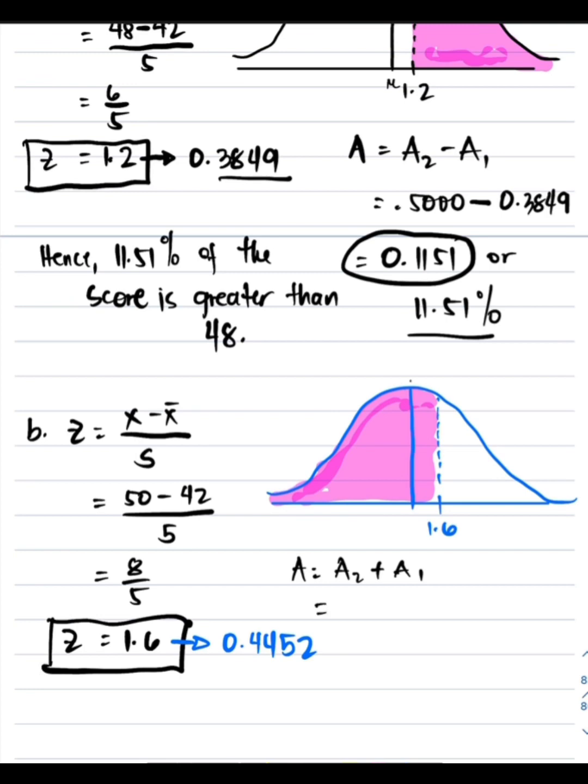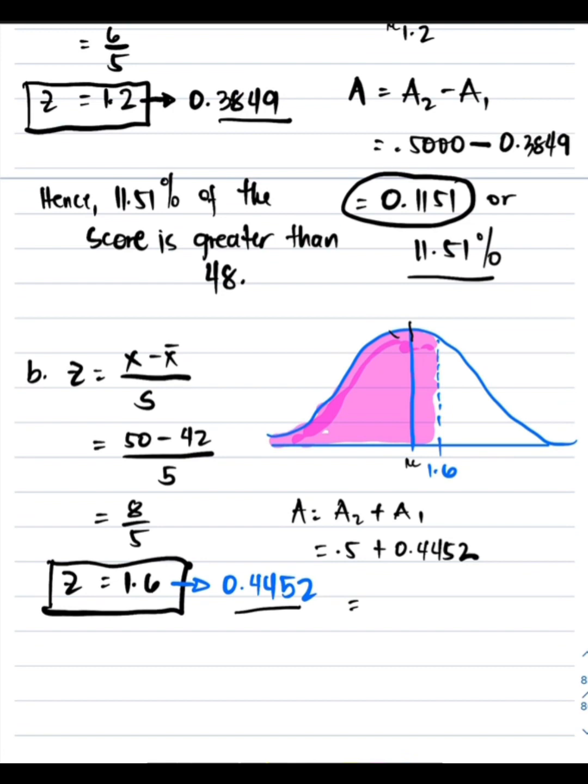So, half of this curve is 50%. So, that is 0.5 plus area 1, which is from the mean to 1.6, and that is 0.4452. If we add these, that is 0.9452, or that is 94.52%.